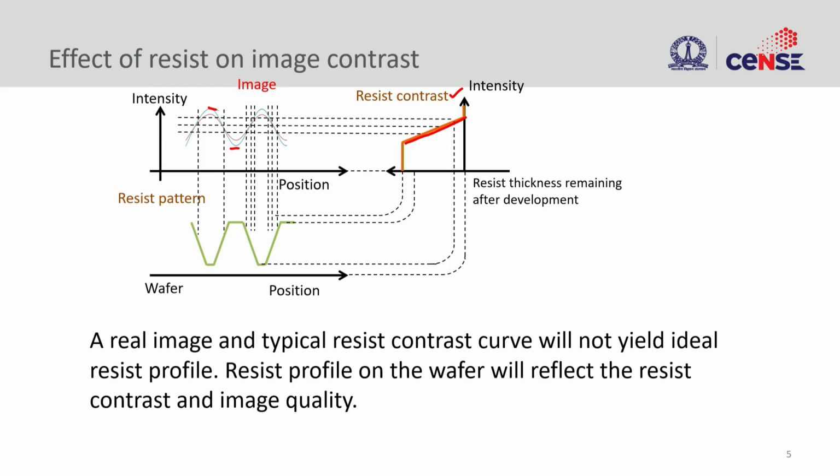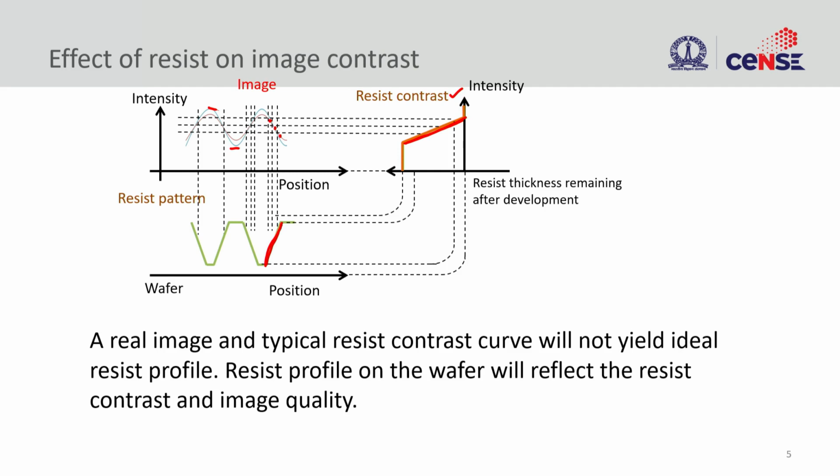When there is a projection of these different intensities, then your resist is also going to follow the same profile. So it's a combination of resist slope and my intensity slope here. So now you are unable to form a perfect square-like pattern. You will form it with some slope, and this is more practical. If you take any resist image, this is what you will see.